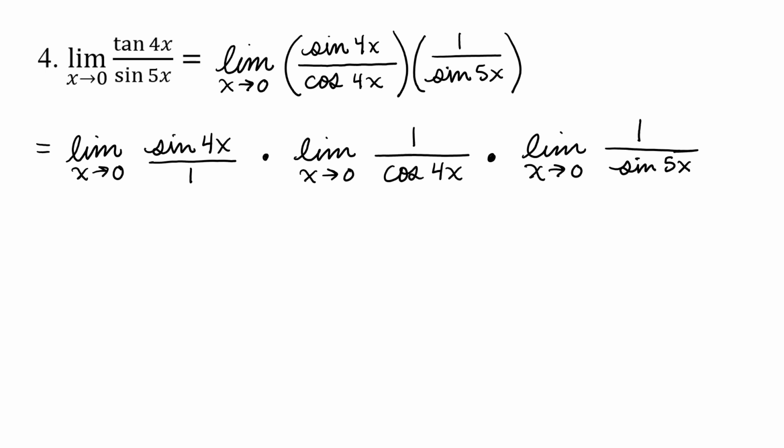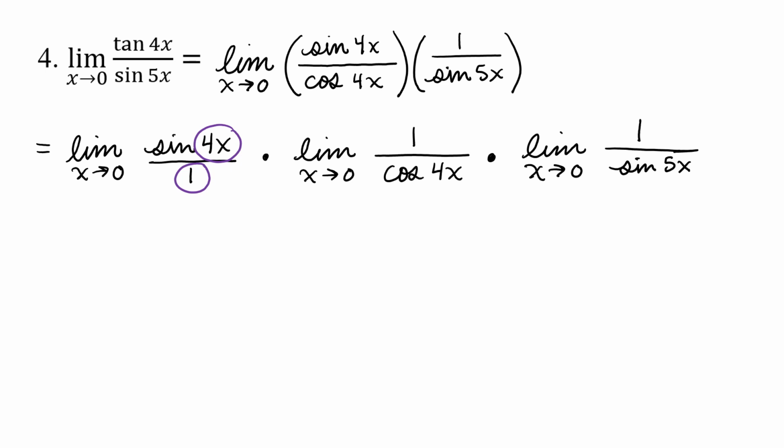For our sine of 4x over 1, we'll need that denominator to be 4x. For the limit as x approaches 0 of 1 over cosine of 4x, that actually doesn't need to be changed because cosine of 4 times 0 will give us 1. So that actually evaluates to something that works.